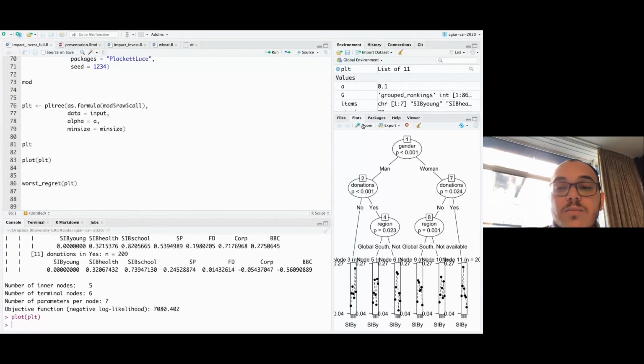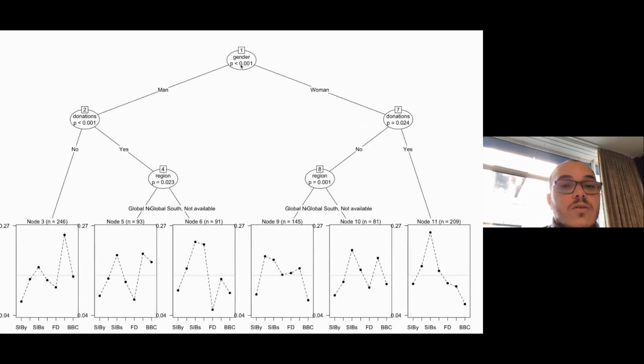For example, in this social example, we see that when you are a man and you never made donations, you are very likely to invest in corporate investments. So you don't care so much about social investments. But if you have made donations, and you are from the north, you also don't care about impact investments, but you have some likelihood to invest in social impact business for school.